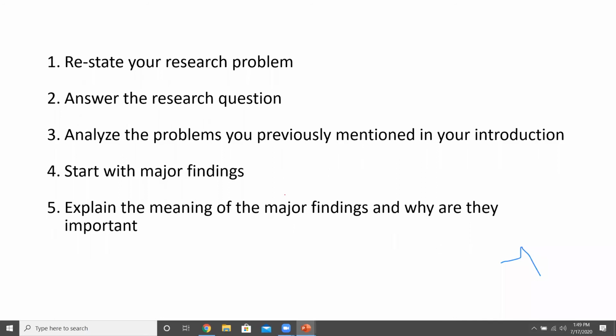You say, we're looking into seeing if this drug is effective in this condition, or if avoiding this risk factor will decrease this outcome, or maybe prolong life. All of the problems that you list in your introduction, you have to analyze them now. Now is the time to analyze these problems in the discussion part.